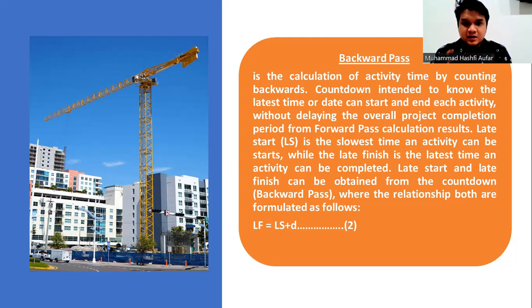Late start, LS, is the latest time an activity can be started, while late finish, LF, is the latest time an activity can be completed. Late start and late finish can be obtained from the backward pass calculation, where the relationship is given by the following formula. This is the backward pass formula.